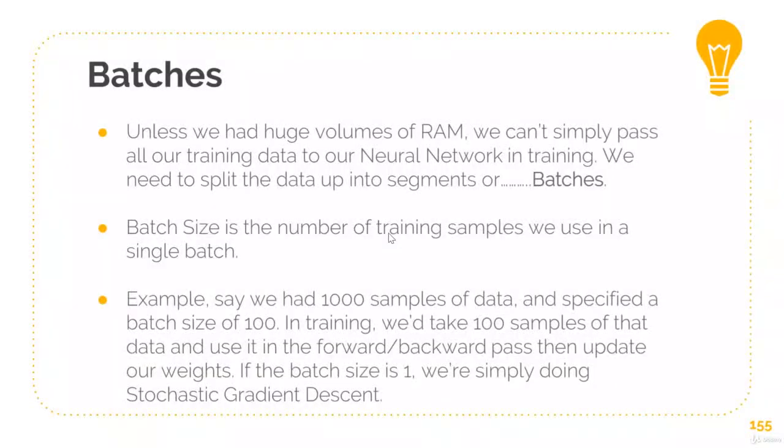Now batches. Every time you train in Keras or any CNN or any neural net, you'll see they specify how many batches you want. Now, batch size isn't super critical. It doesn't generally affect your results that much. But what you need to know though is that the bigger the batch, generally the better. However, you're limited by your RAM or video RAM if you're using GPUs.